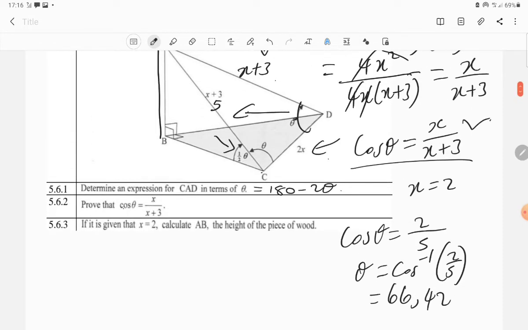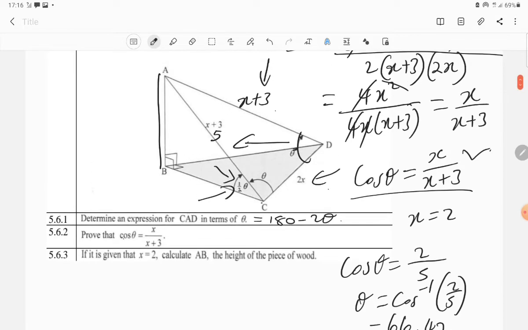Here we have half theta, so the trig ratio that is possible is sine, because sine of this angle is that over that.